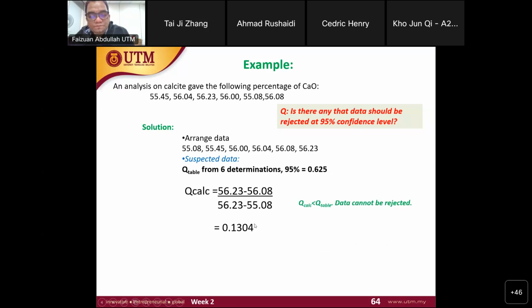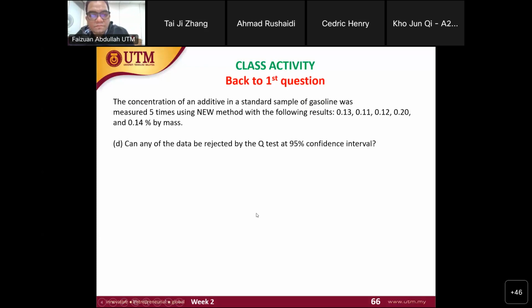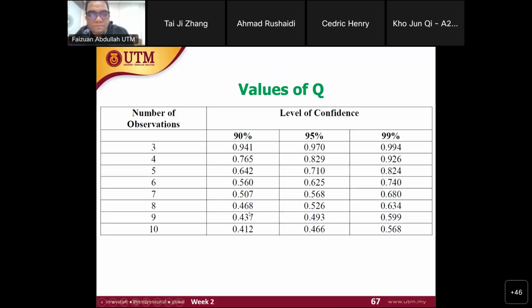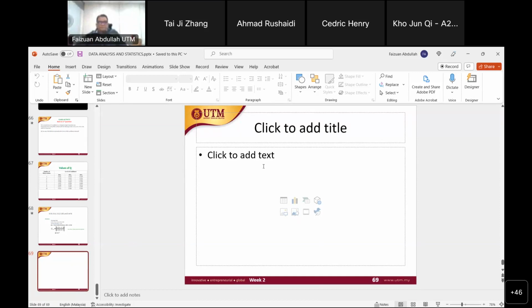All right, we got 0.1304, and then Q calculated is lower than Q table, so data cannot be rejected. Okay, and more examples you can see from the notes. Okay, that's all for today.